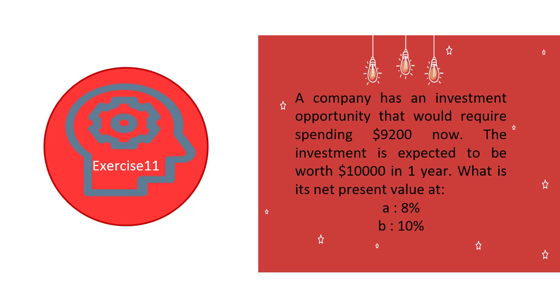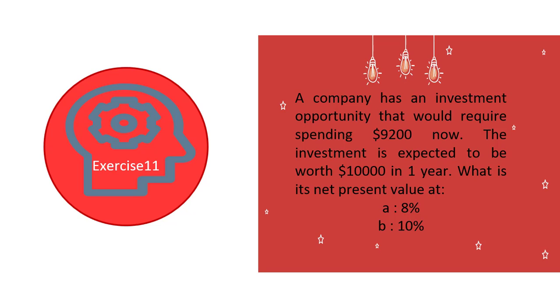Exercise number 11. A company has an investment opportunity that would require spending $9,200 now. The investment is expected to be worth $10,000 in 1 year. What is its net present value at A, 8%, and B, 10%? To solve this exercise, we must follow the next 3 steps.